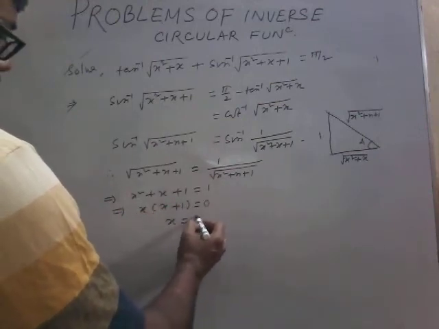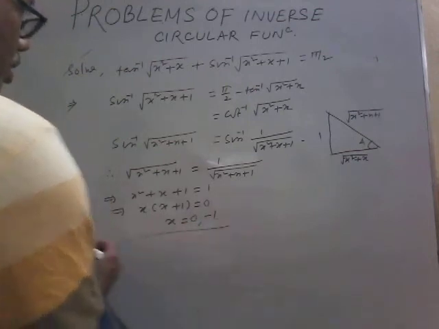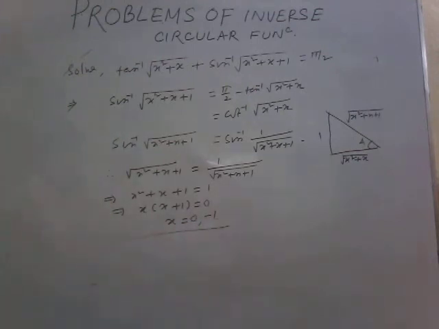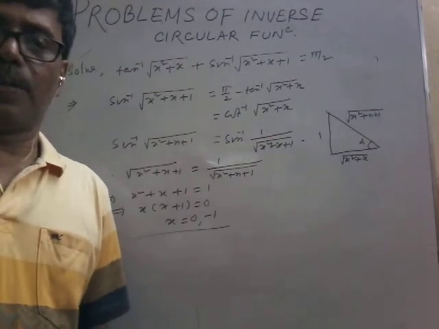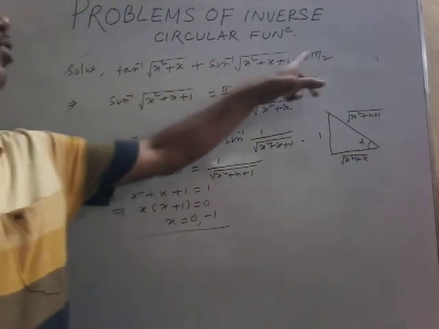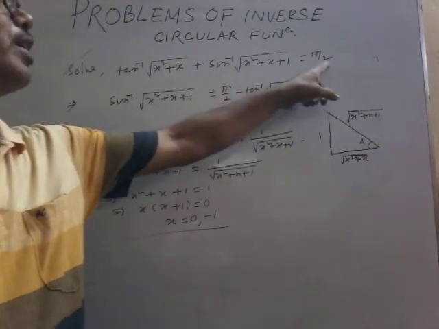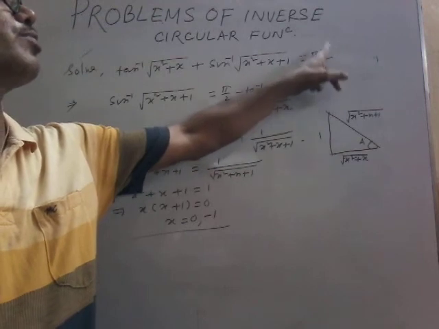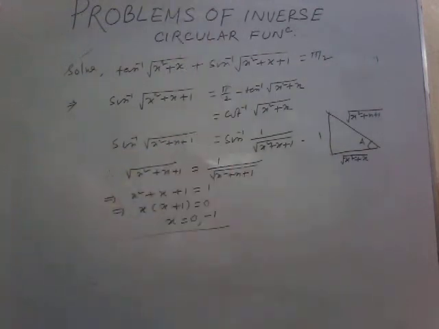So x equals 0, minus 1. So look, very simple. You transfer one term to the right hand side, and we get an advantage due to the presence of pi by 2.